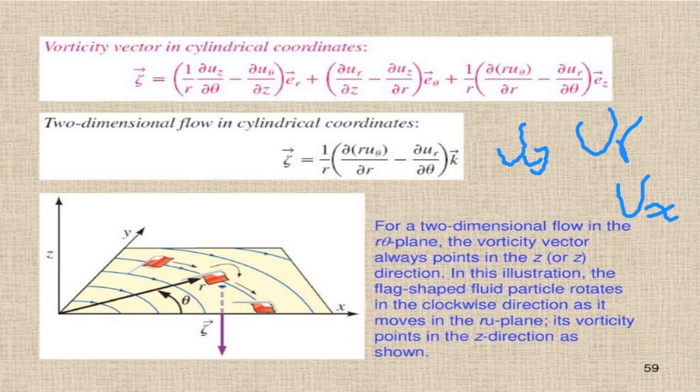In 2 dimensions, the vorticity vector in cylindrical coordinates is 1 over r, d(r u theta)/dr minus d(ur)/d theta. This is the derivative with respect to r, and this is the derivative with respect to theta.